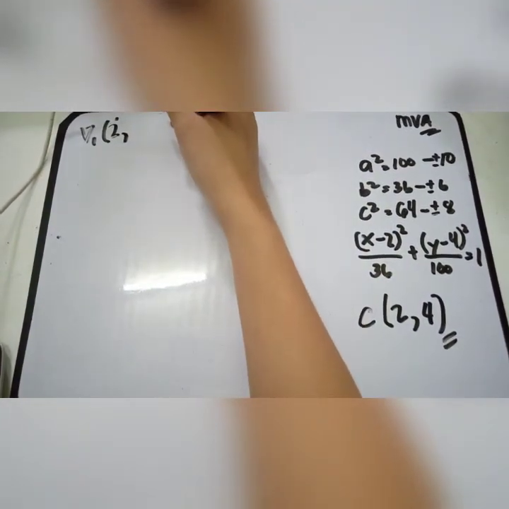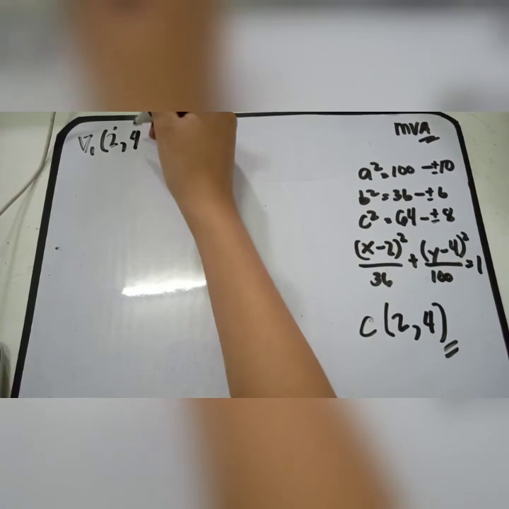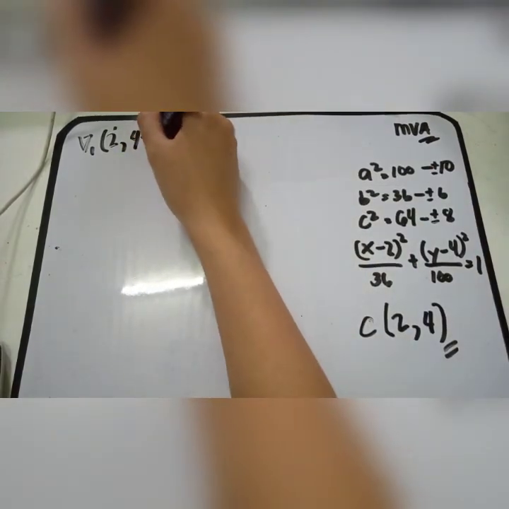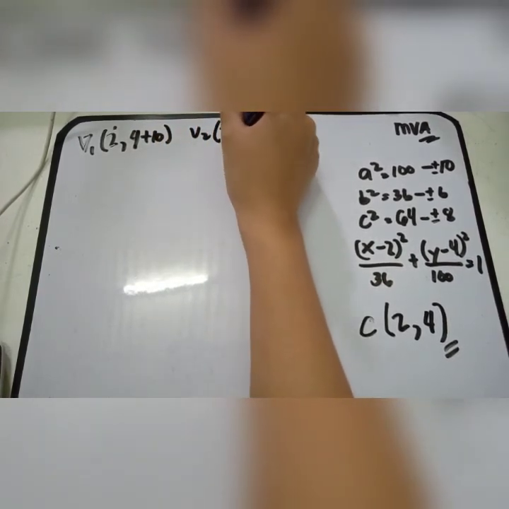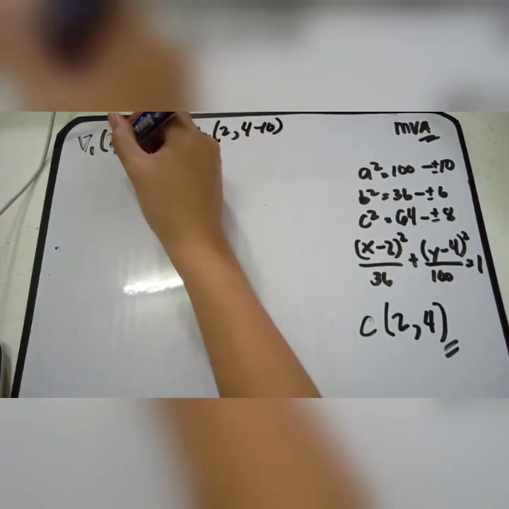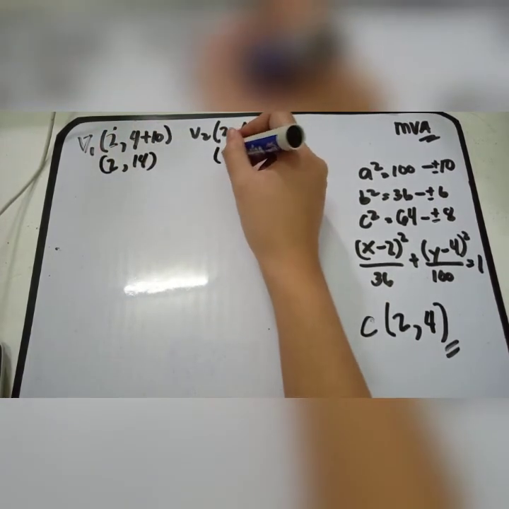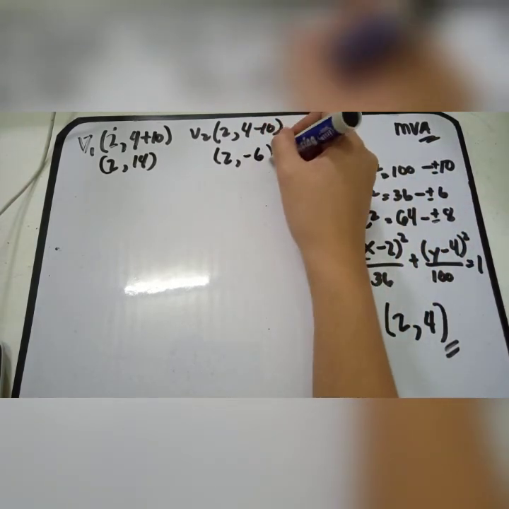So, 2, what is the value for K? 4. What is the value for A? It's plus and minus 10. So, plus 10 for vertex 1, and for vertex 2, 2, 4, negative 10. So, simplify. 2, 4 plus 10 is 14. And then, 2, 4 minus 10 is negative 6.